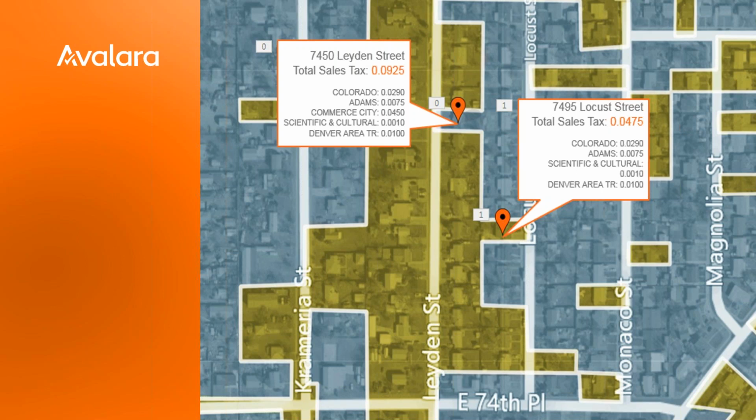Now, just down the road and on the other side of the street, there's a 7495 Locust Street address. The sales tax at that location is only 4.75%. That is a difference of almost 5% in terms of the sales tax, and we're talking about houses that are maybe 4 or 5 houses down the road from each other.